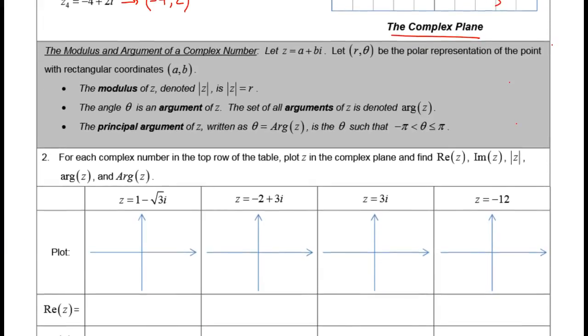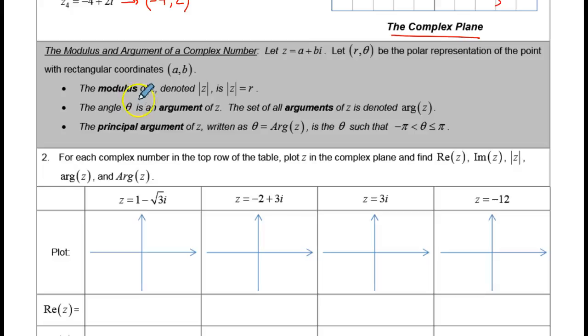The modulus and argument of a complex number. So let's let z equal the complex number a plus bi. And we're going to let r comma theta be the polar representation of the point with the rectangular coordinates a comma b. So just like I was talking about above, we can graph a comma b in the complex plane. We could also identify that same location with polar coordinates r comma theta.